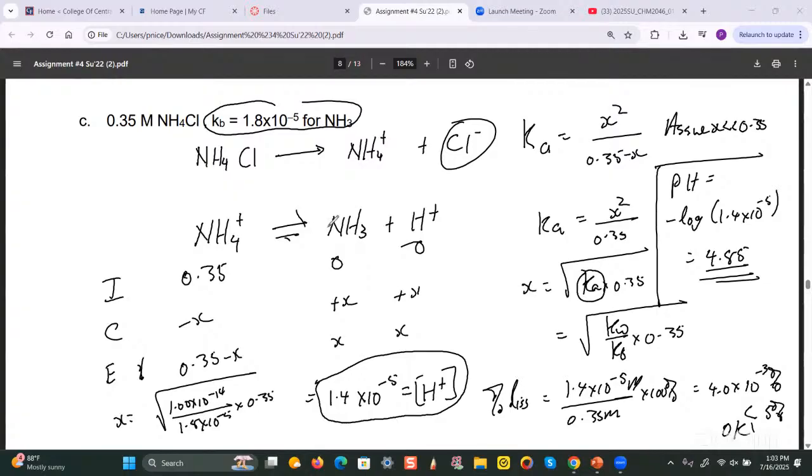The Cl minus is from a strong acid, and for that reason the Cl minus does not react with water. If the acid is strong, that means the base is weak, right? And hydrochloric acid is as strong an acid as you can get, which means that the base will simply not react with water to form anything basic. So we don't take that into account when we're calculating the pH.